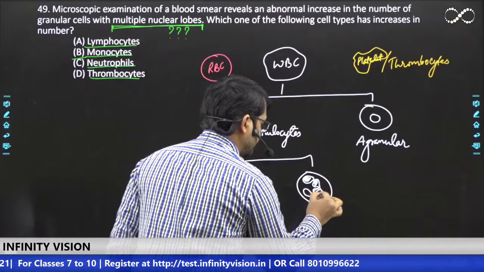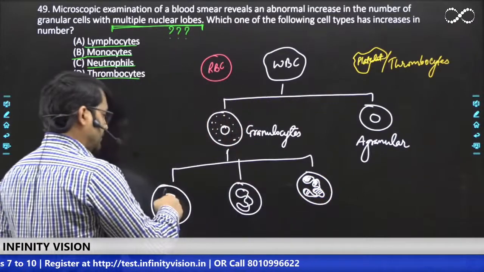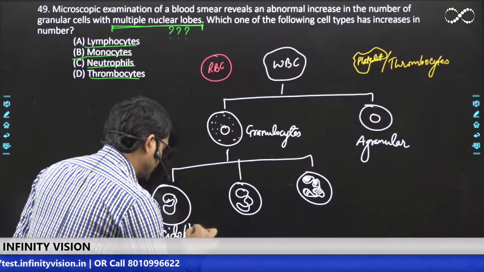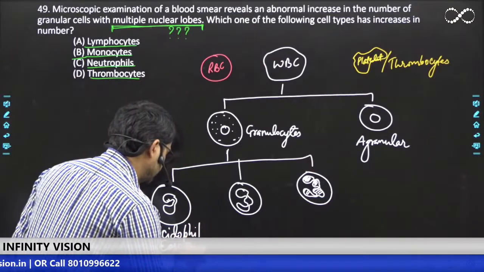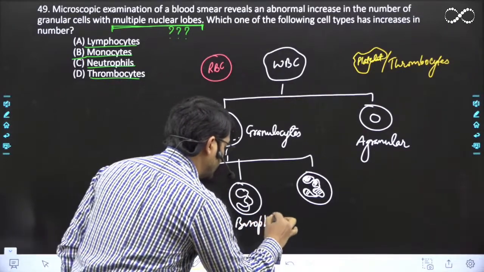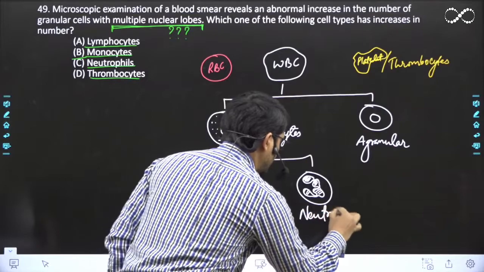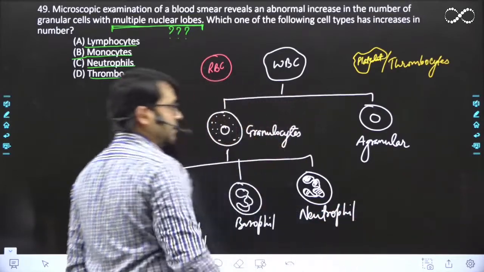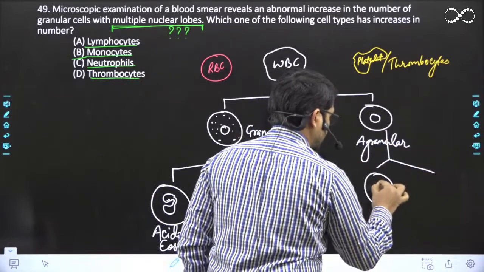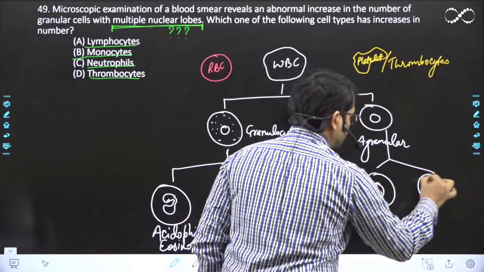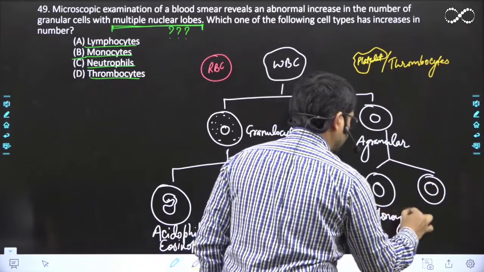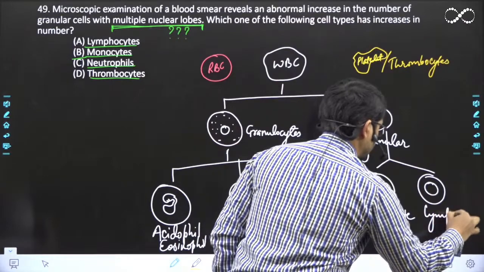Can you see? Now, this two-lobed is known as acidophil or eosinophil. Okay, this is basophil, and this is neutrophil, right? When we talk about agranulocytes, they are also of two types, monocytes and lymphocytes. So this is monocyte and this is lymphocyte.